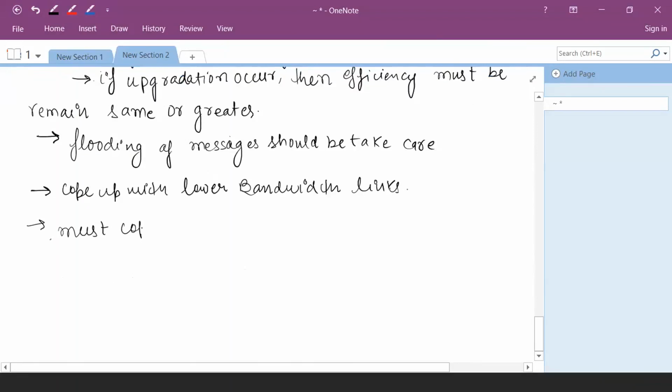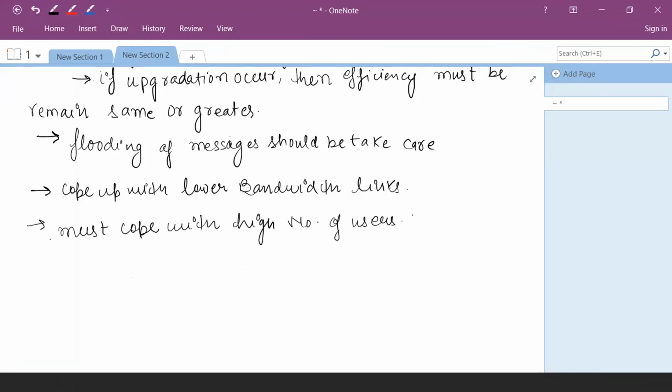The mobile IP protocol must cope with a high number of users. Like the bandwidth allotment, provision of services, as well as the quality of services will be the most major role played by mobile IP. Because if the quality of services is not maintained by mobile IP, then there is no use of this protocol.